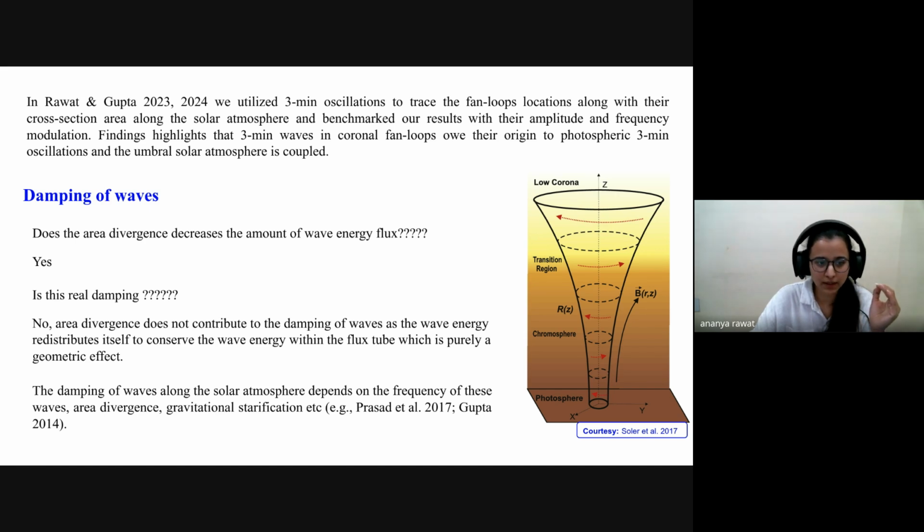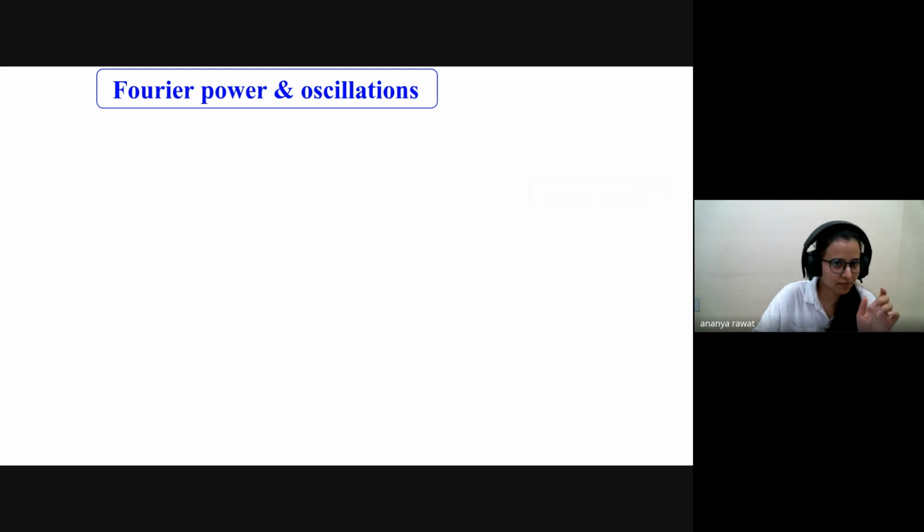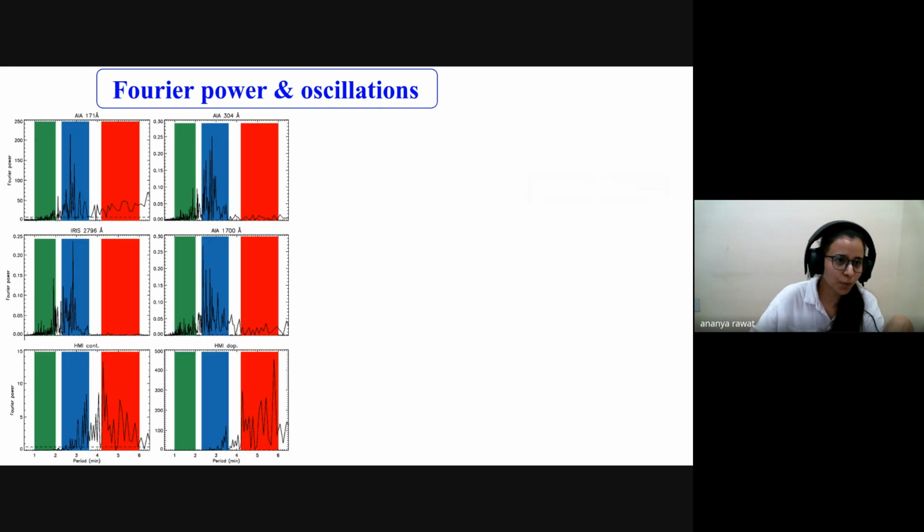Now, since we have the loop location and loop cross section in the lower atmosphere, we can determine the Fourier power spectrum at each location of the loop. Here in this Fourier power spectrum, we can clearly see that there is a 3 minute present at the photosphere. There is a significant amount of 3 minutes, and apart from that, we have 5 minutes also present at the photosphere.